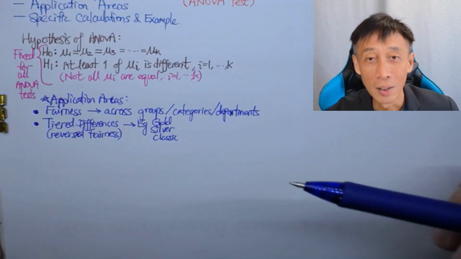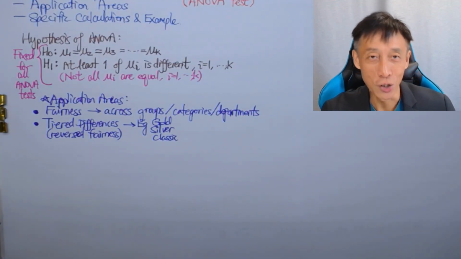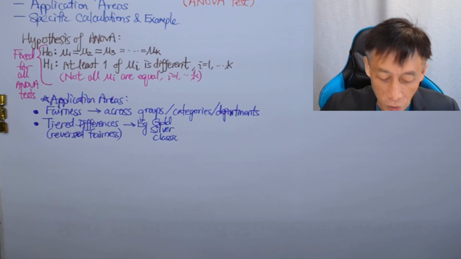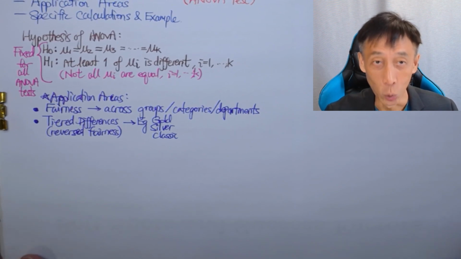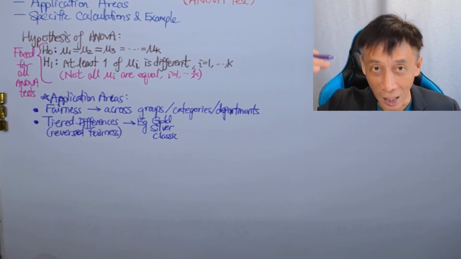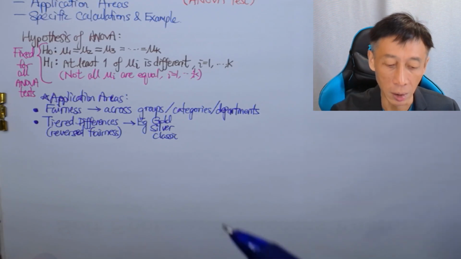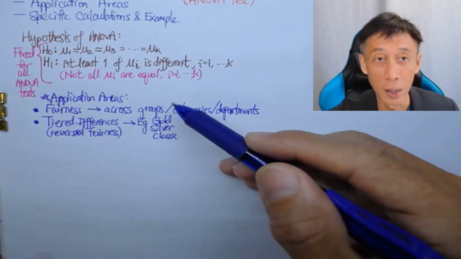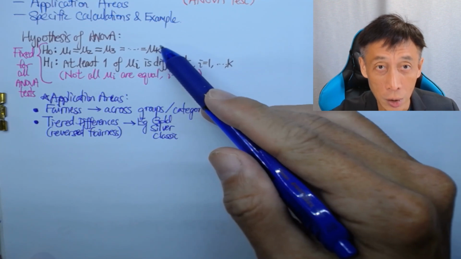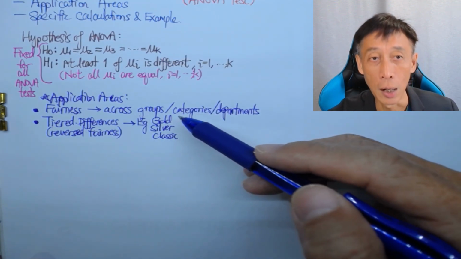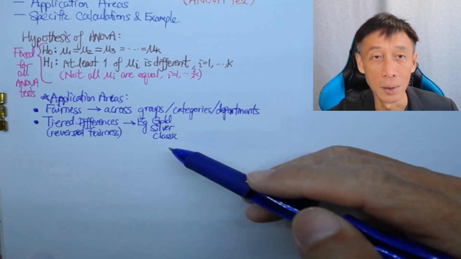So that despite looking at the average sampled benefits from Gold, Silver, Classic, they look different and they are tiered, right? Gold having more than silver, silver having more than classic. After performing ANOVA, you might find that, hey, you fail to reject H naught. So actually, it's not fair, right? That gold members are paying so much annual fee to subsidize classic members, something like that.